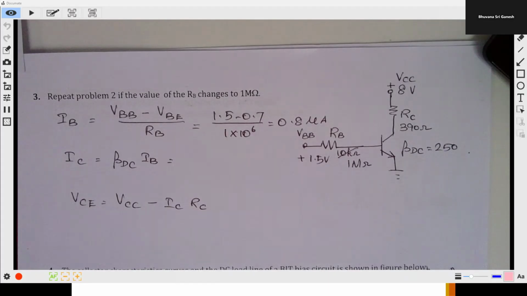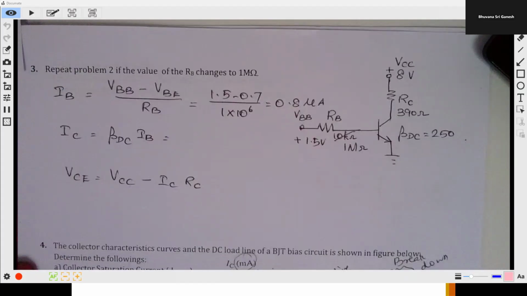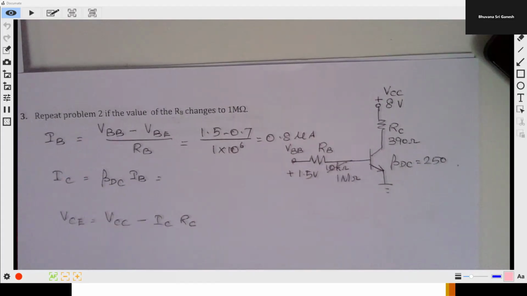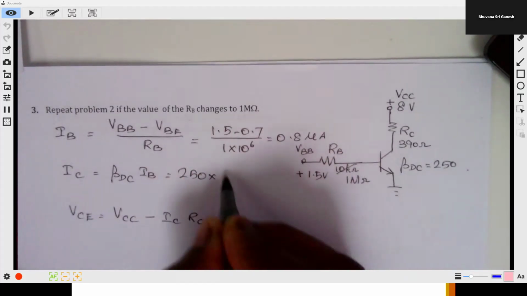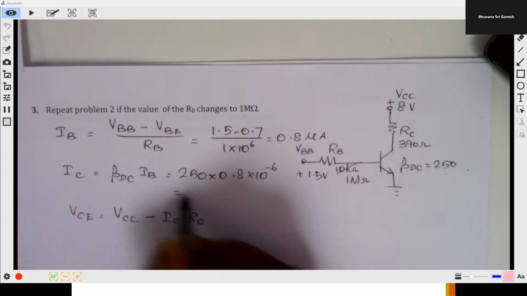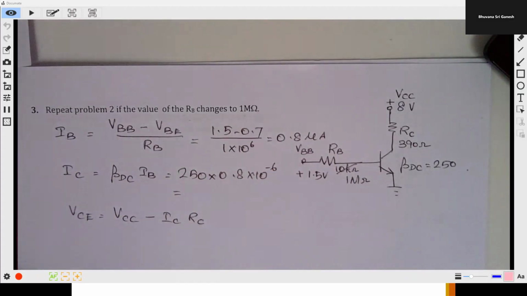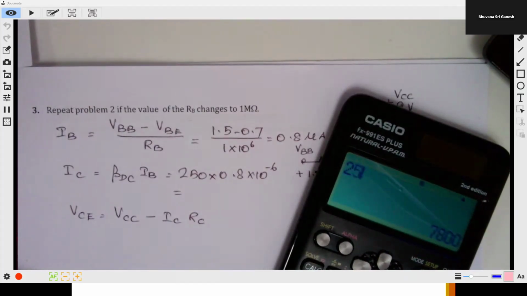The next is IC is beta DC times IB. So 250 times 0.8 times 10 power negative 6. This in the calculator, 250 times 0.8 equals 200, right?